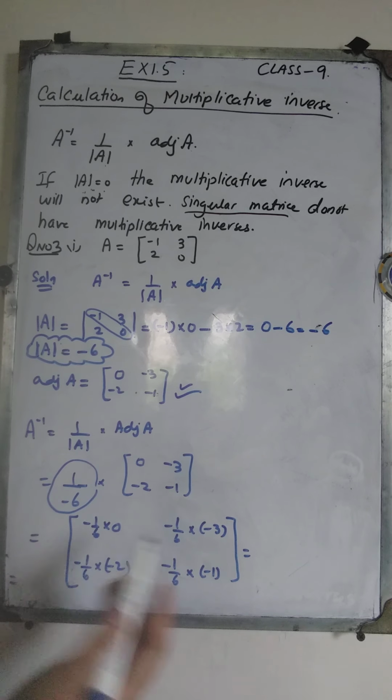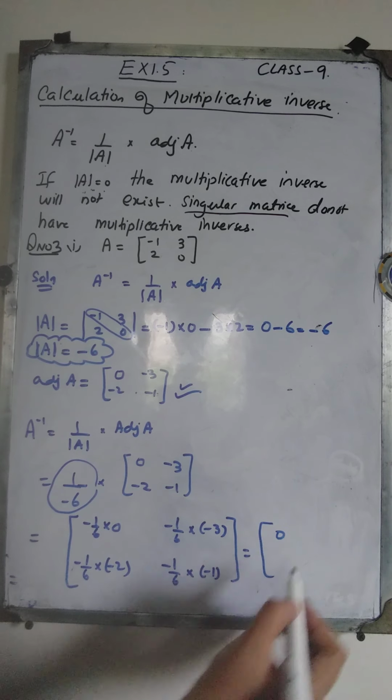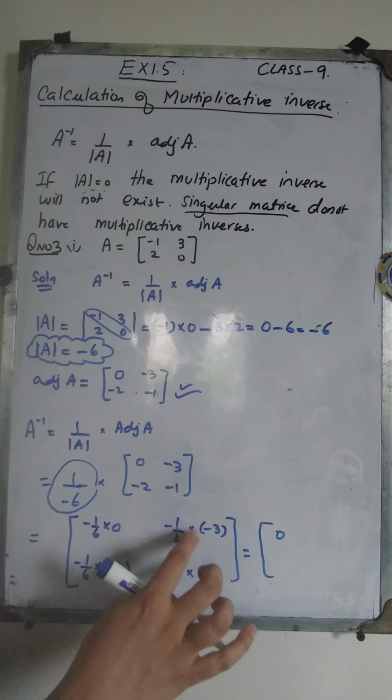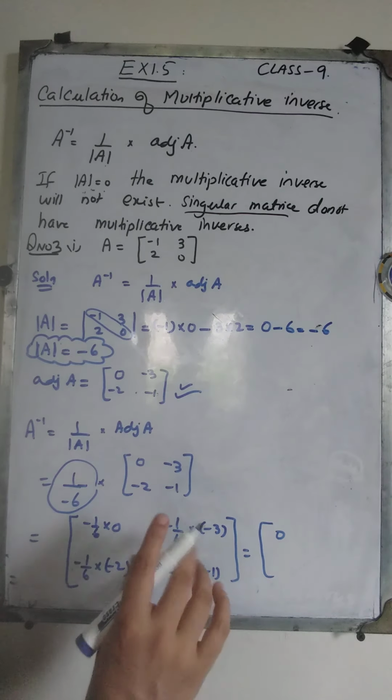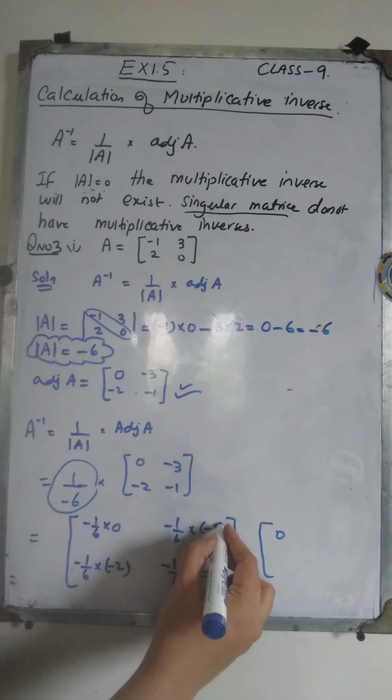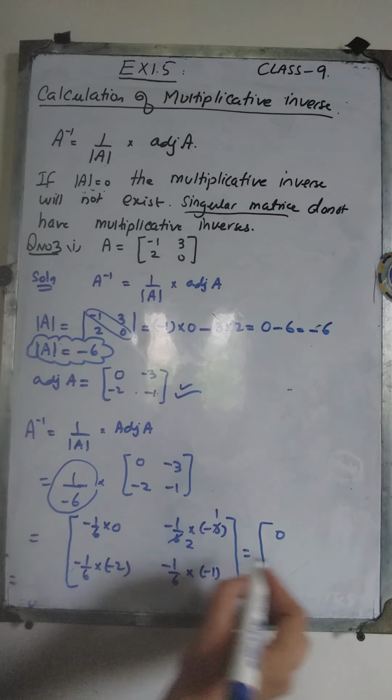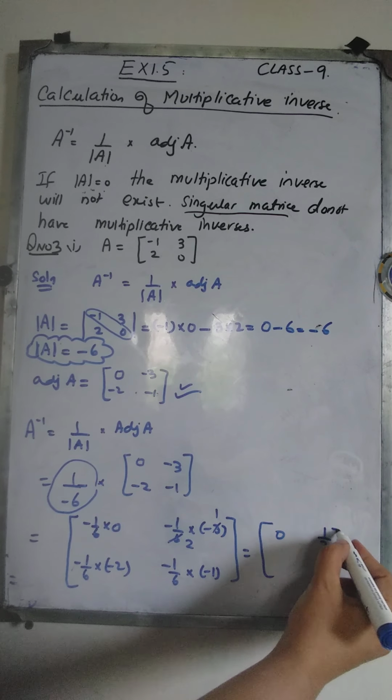So 0 times anything is 0. Negative times negative, as we are doing multiplication, the same signs always give a positive sign. So 3 ones are 3, 3 twos are 6, which gives positive 1/2.